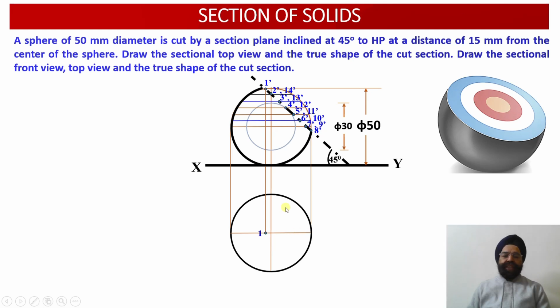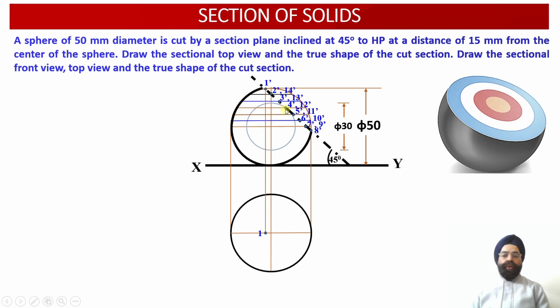This will provide us with the location of the point 1 in the top view projections over here. Now, as we have discussed, these points we have located onto the cutting plane so that they should be located at approximately equal distances from each other.